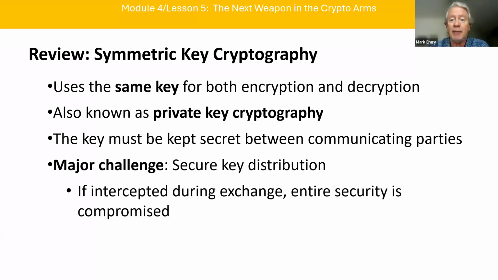Because the key must be kept secret, it is called private key cryptography. The major challenge with symmetric or private key cryptography is secure key distribution. If the key is intercepted or compromised during exchange, the entire security of the communication is compromised.